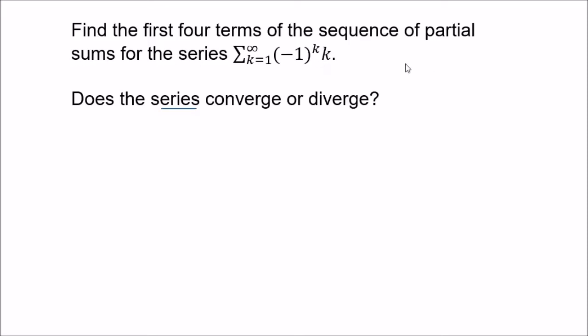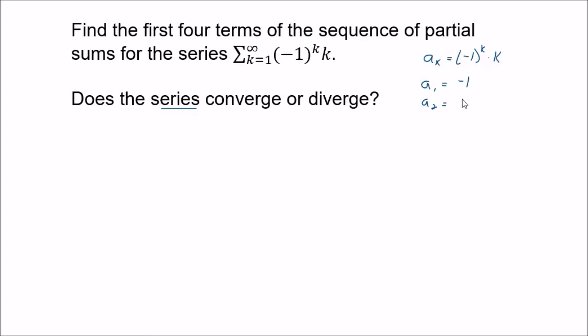So the actual a sub n that we're looking at, or a sub k in this case, is (-1)^k times k. So if we write out the first few terms, the first term would be (-1)^1 times 1. The second term would be (-1)^2 times 2.